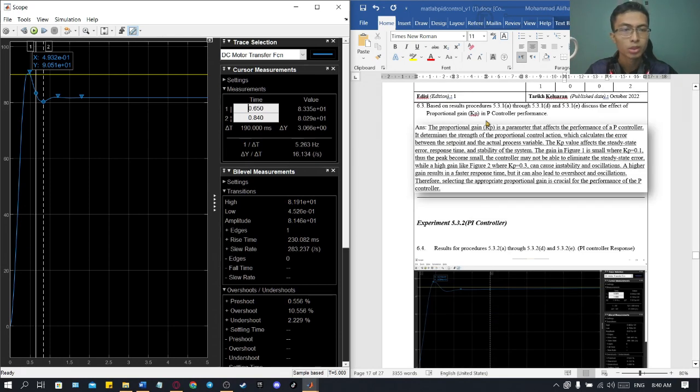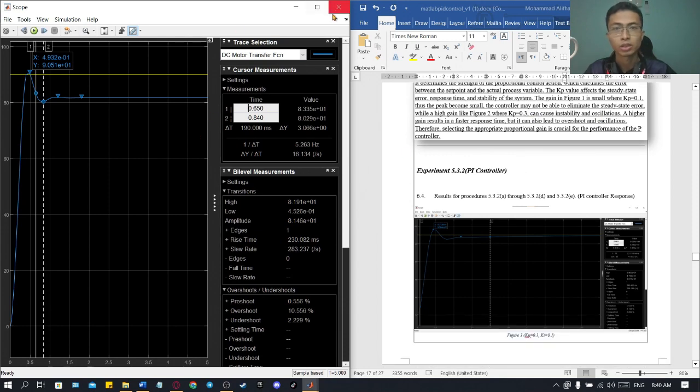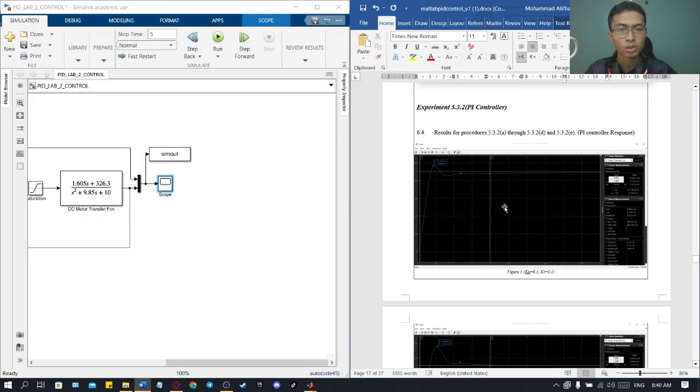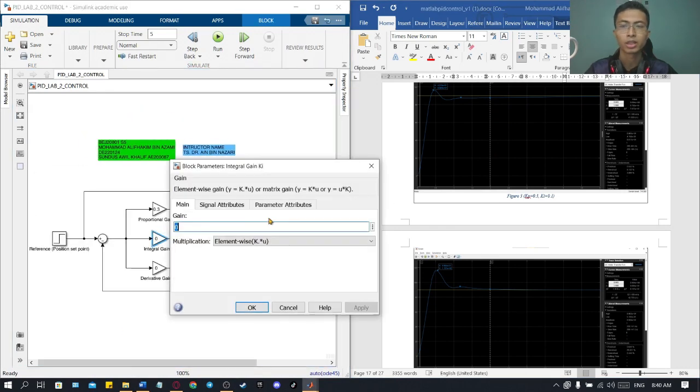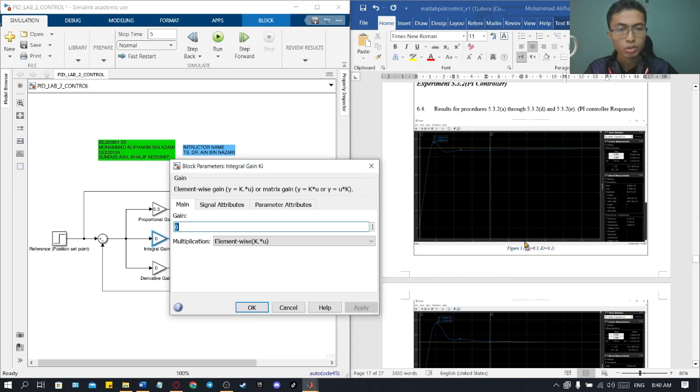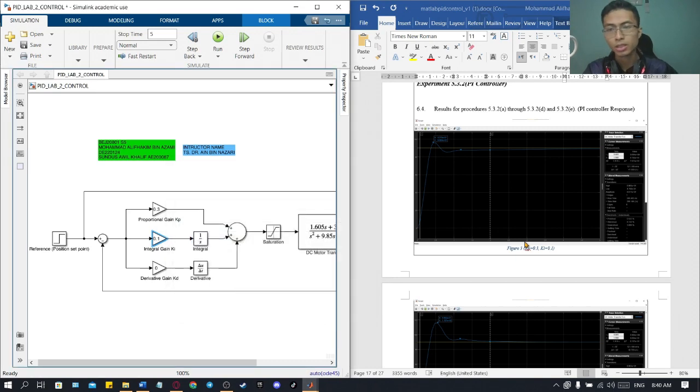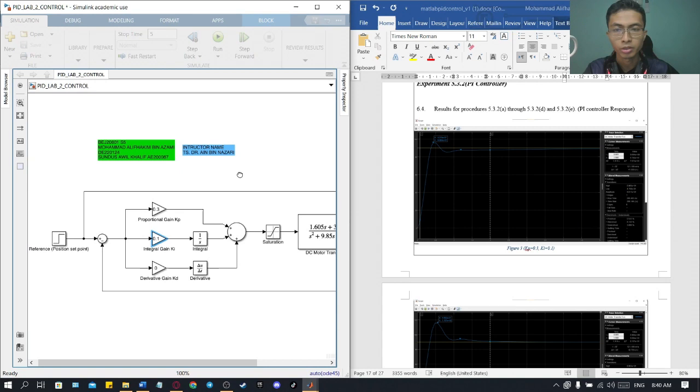Okay, next we can continue with the PI controller. The PI controller includes the integral gain, where here we use proportional gain 0.2 while the integral gain is 0.1. So we insert it here and we run, and you will get this graph over here.